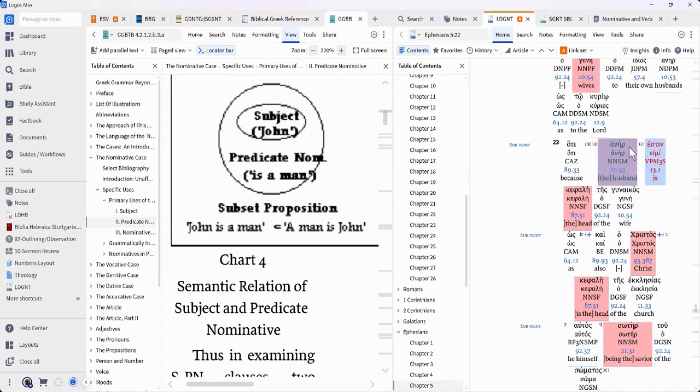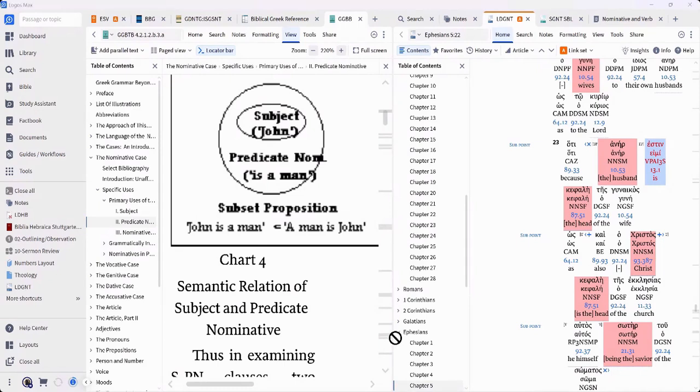And the reason for the error is, although it doesn't end in a sigma, the husband here would be the subject of the sentence. I hope that was helpful.